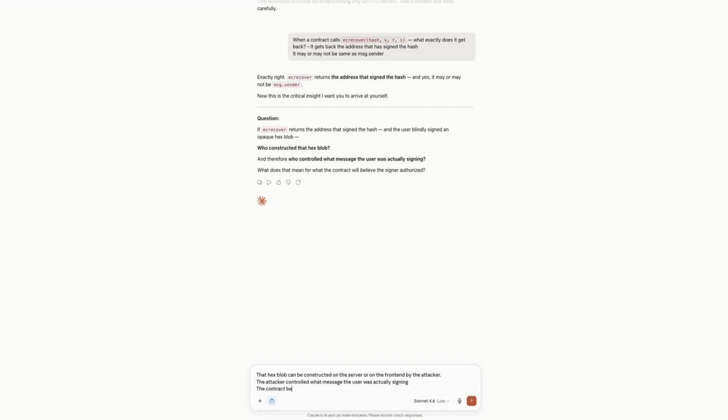The contract believes code is law and it has no way of figuring out who created the hex blob, and whether the message signed is indeed what was needed by the user.